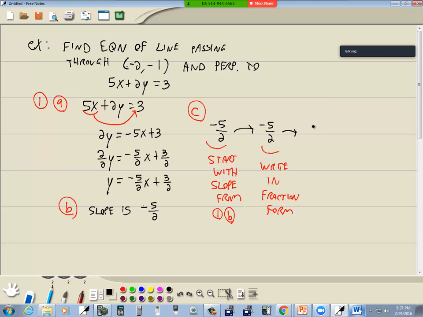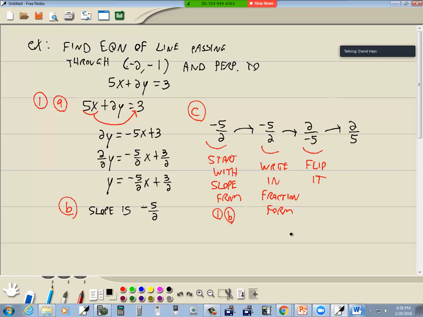And then we're going to flip it. Top goes to the bottom, bottom goes to the top. This is the reciprocal part. Reciprocal means fraction flipped. Your numerator and denominator swap. And then we're going to change its sign.